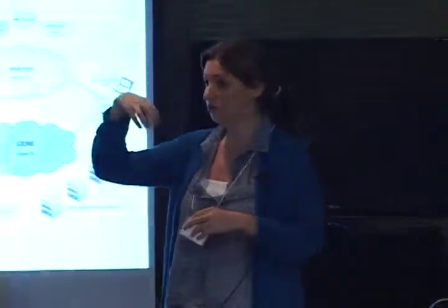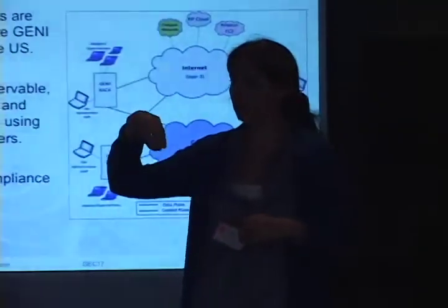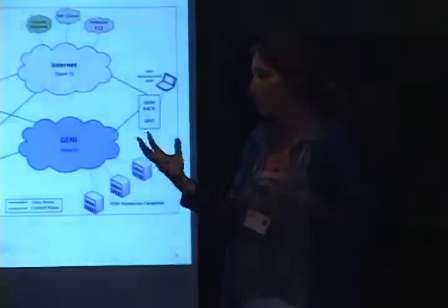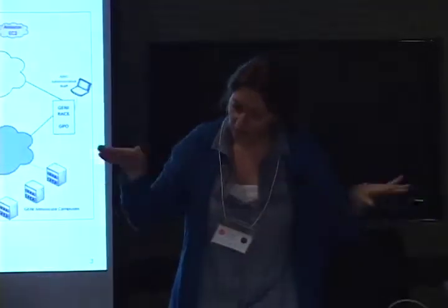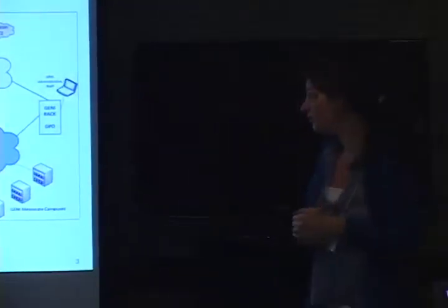Whenever you want, you can connect your compute resources, whether it's a VM or a real host, to a real OpenFlow switch, and then point that to your controller. The racks let you reserve your compute resources and a slice of the OpenFlow switch, and start running your controllers there. Both racks are compliant with the GENI API, so you can use the standard tools to reserve your resources there.